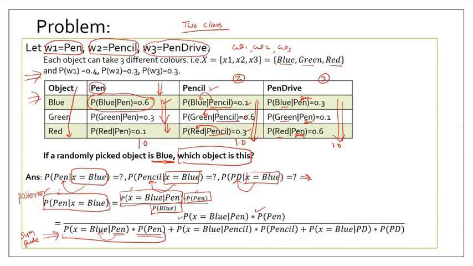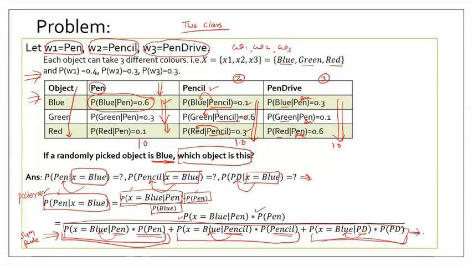From that only you are calculating the first term. Then you go to the second term where you are talking about the pencil. Given the pencil, how many times is blue color appearing? Then the third part is, given a pen drive, how many times is blue color appearing? So in total, if you add all these three quantities, you will get the evidence of blue. You are interested in blue color only, so that you can obtain from this.